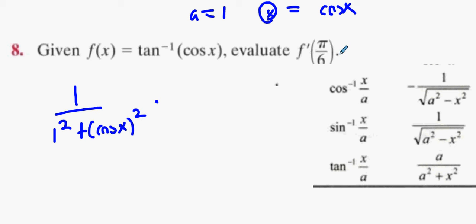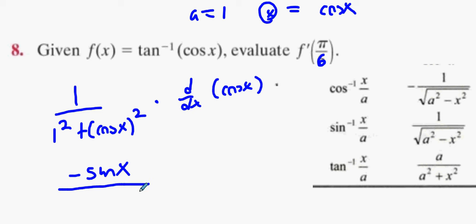Then we're going to differentiate the cos x. What do you get when you differentiate cos x? Minus sine x, okay? You differentiate cos x, you get minus sine x. And on the bottom you have 1 plus cos squared x.